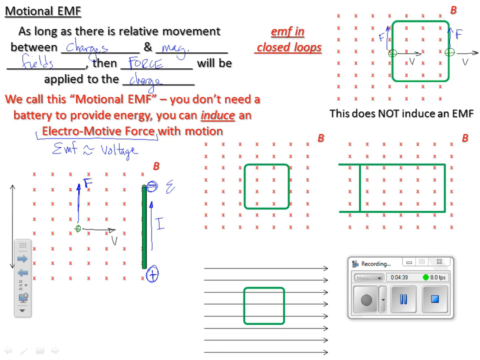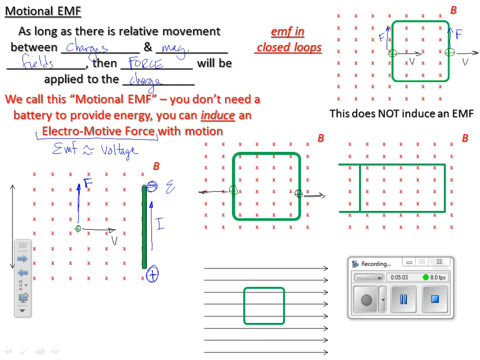for our non-digital peeps. Now, what if we look at a case like this where somehow magically this loop gets bigger? Well, let's look at a charge over here. That charge moved this way. The charge over here moved that way.